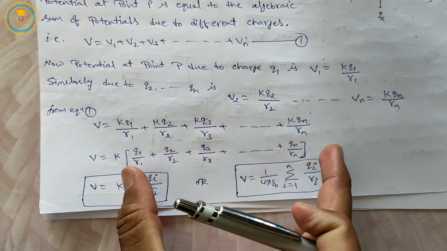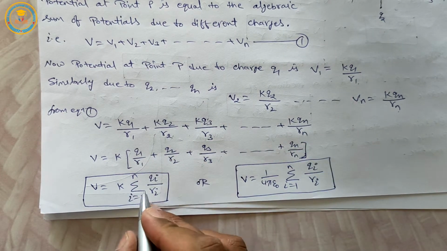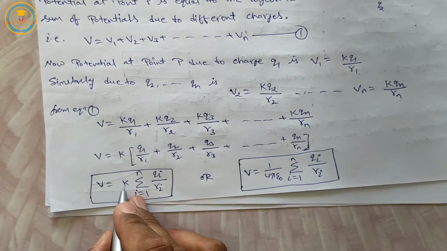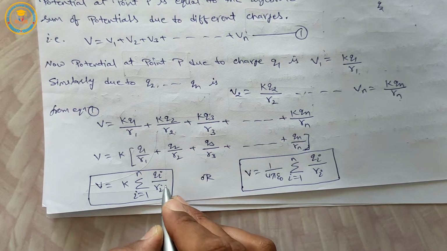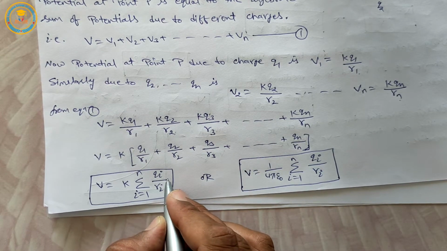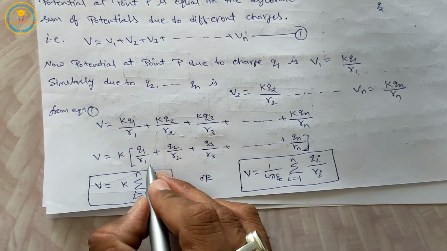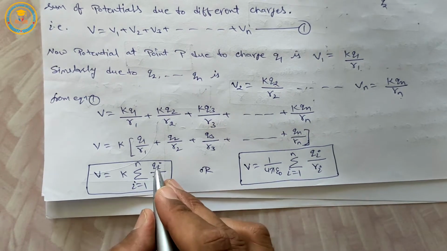We write this bracket as a summation. Okay, according to this, V equals K summation Qi upon Ri, where i goes from 1 to n. You can see that 1, 2, 3 and so on to n.